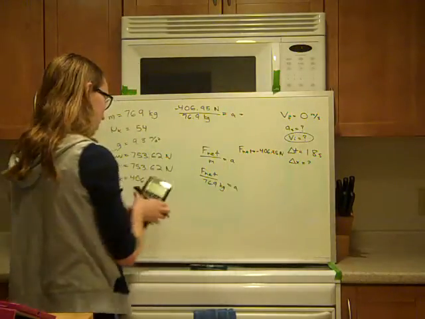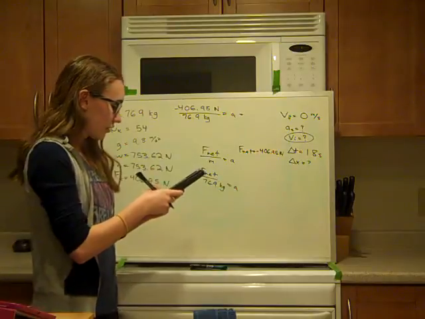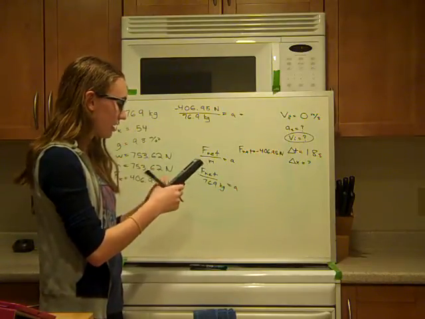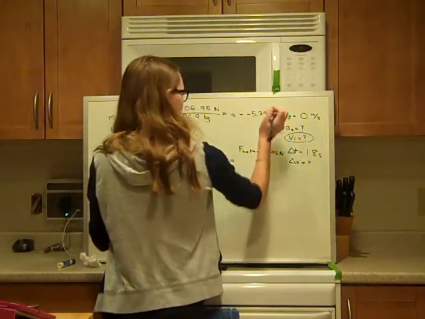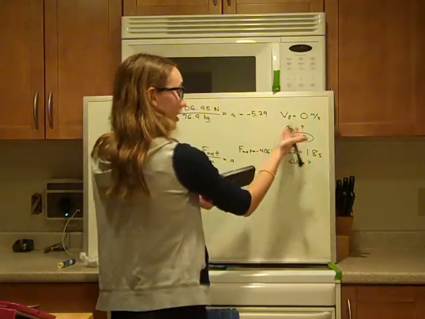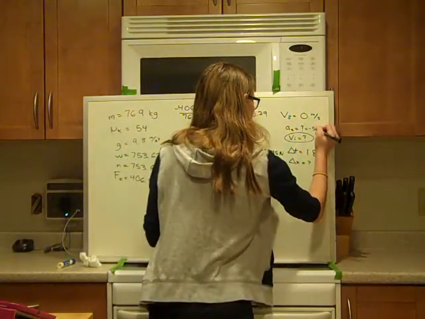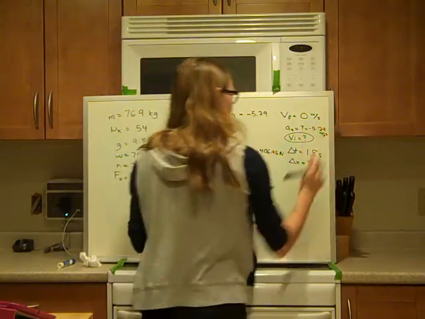If we solve this out, negative 406.95 divided by 76.9 is equivalent to negative 5.29. Alright, so now we can write this in here for our horizontal acceleration: negative 5.29 meters per second squared.